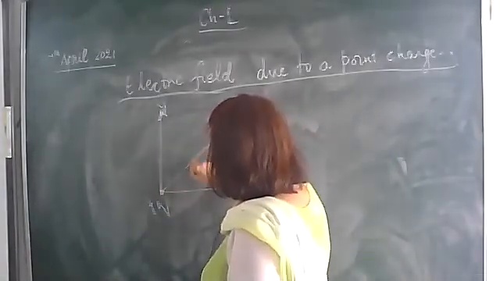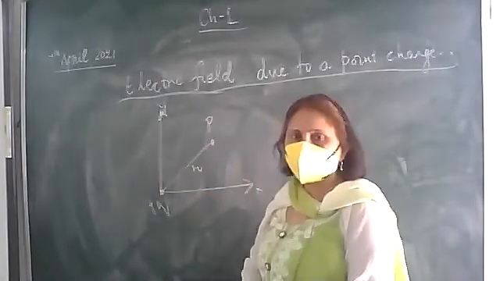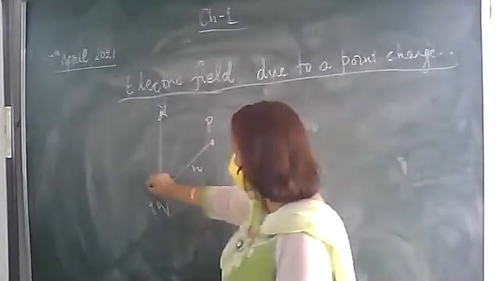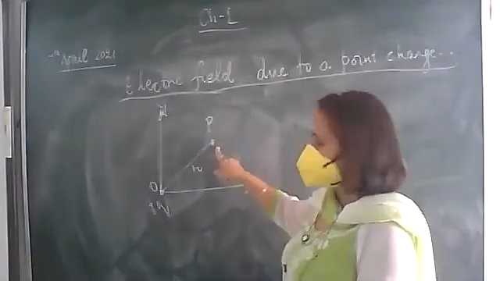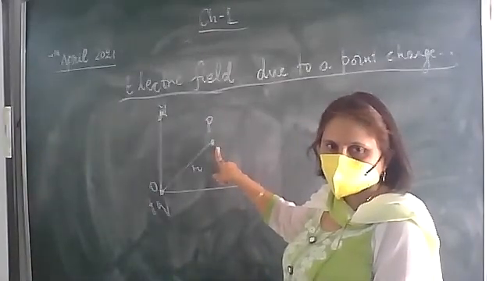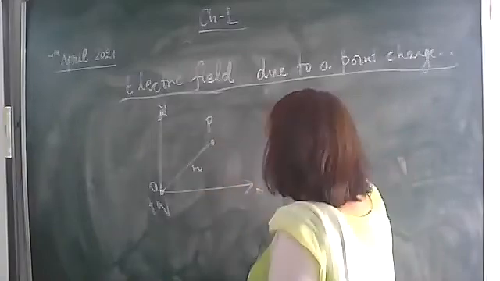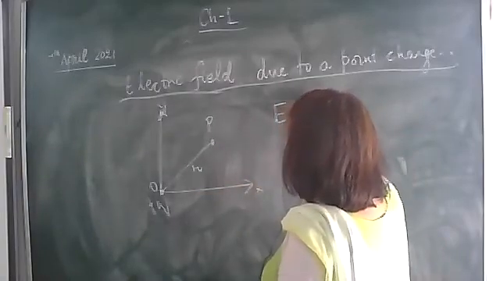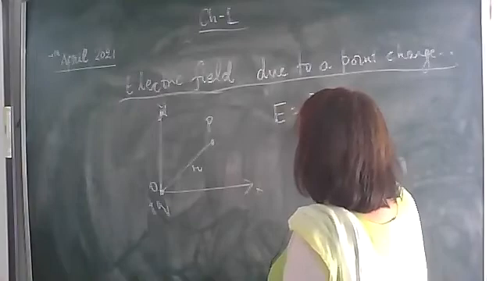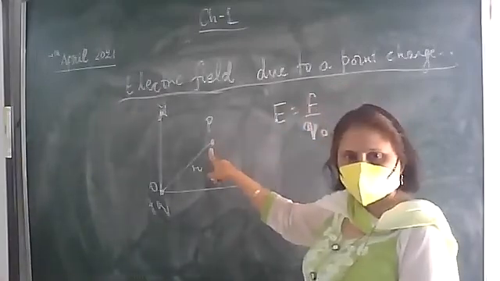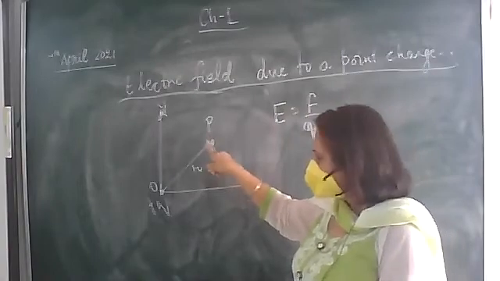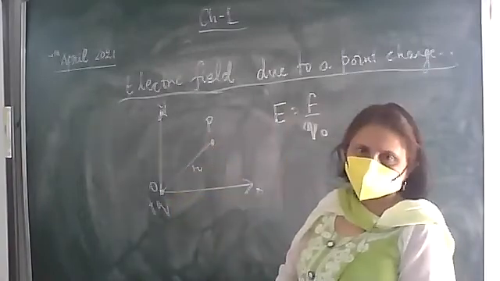This charge is at a distance r from the point P, that is, OP distance is r. So we bring a test charge Q naught close to it to find the electric field, and this electric field will be equal to electrostatic force per unit test charge. So we have brought Q naught charge at this point P to find the electric field at this point.